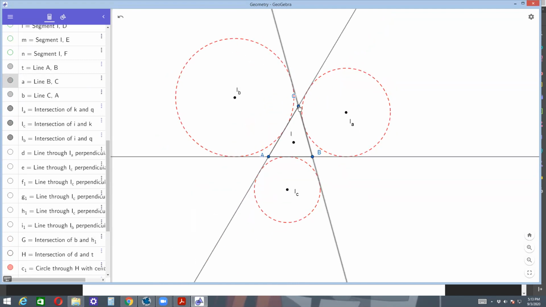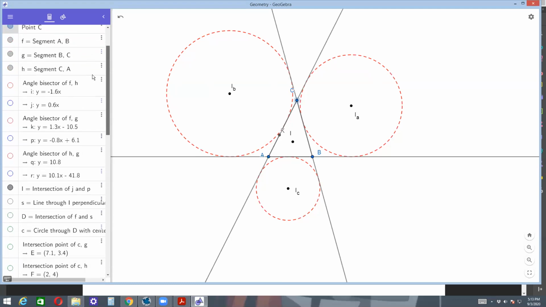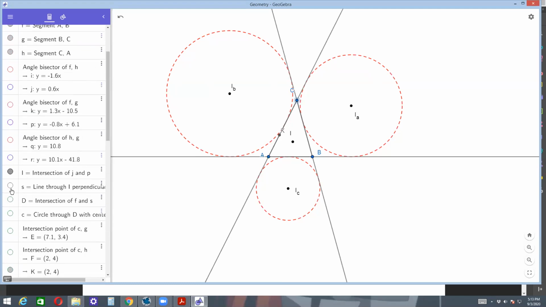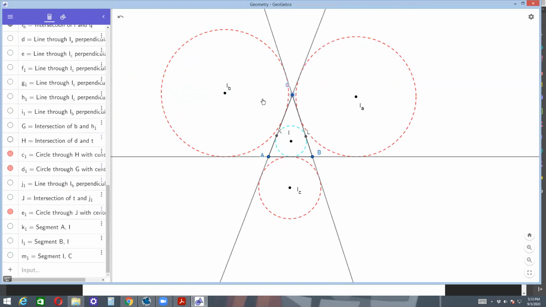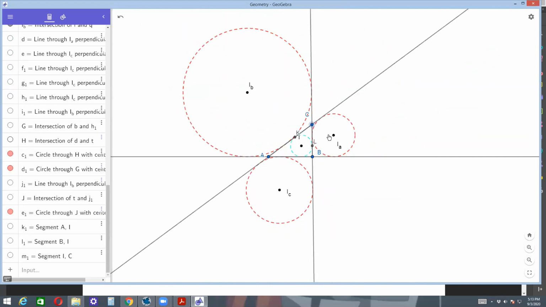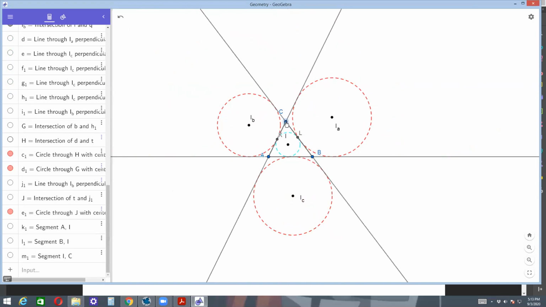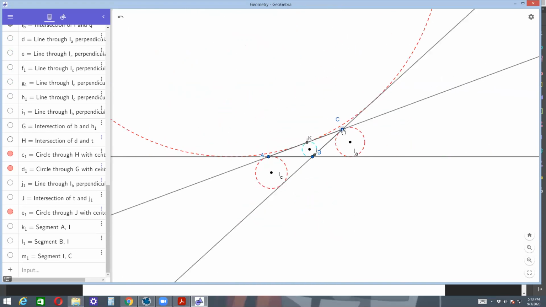Right. So if I move, I should also put in the incircle. Right, so I can move this thing around and you'll see how the circles change, right? Circles either get very big or very small. But the ones on the outside will always be bigger than the one on the inside.